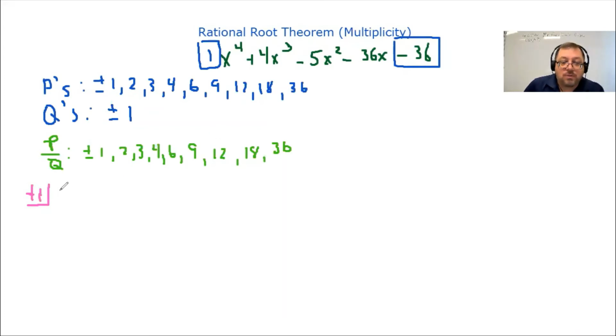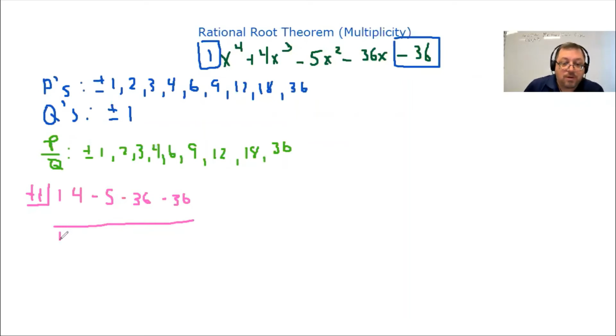So our coefficients are 1, 4, negative 5, negative 36, and you should be working this on your own beside me as I'm going through it. You should be working it too as practice. Many of you may have already finished it because I'm repeating myself, but go ahead and practice it.